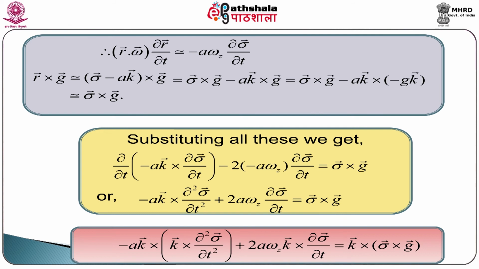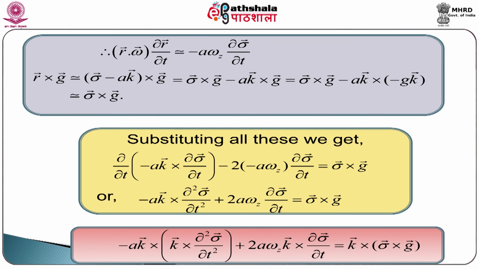K cross k vanishes since the cross product of same vectors vanishes. So, we get r vector cross g vector is approximately equal to sigma vector cross g vector. Substituting all these in the equation of motion, we get ∂/∂t of minus a k vector cross ∂σ vector/∂t, minus 2 into minus a omega_z ∂σ vector/∂t equal to sigma vector cross g vector.